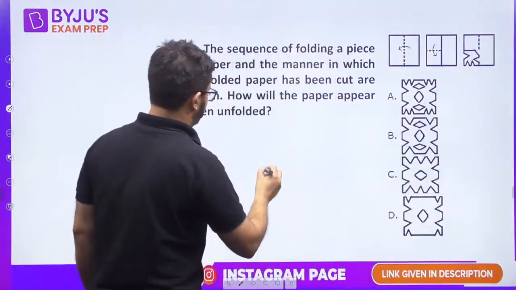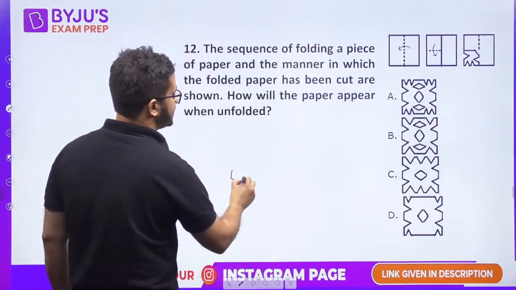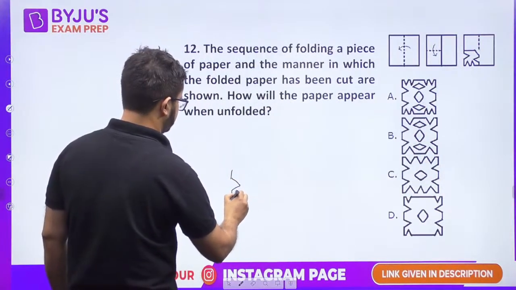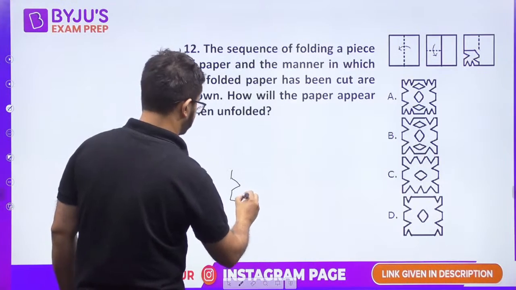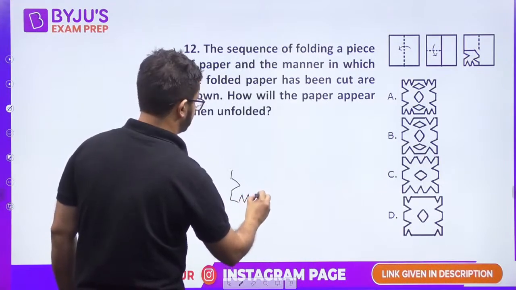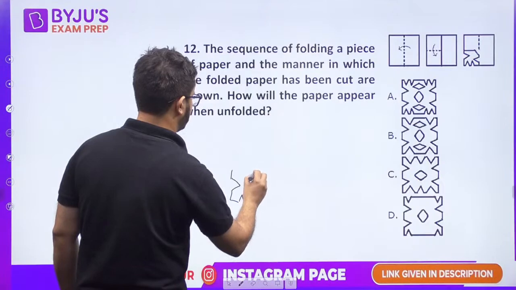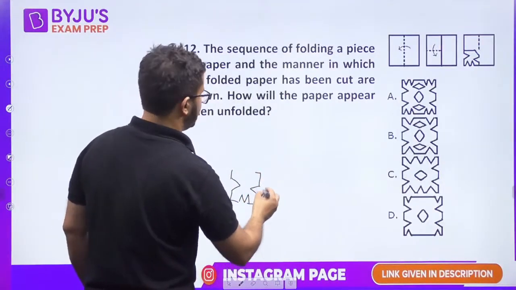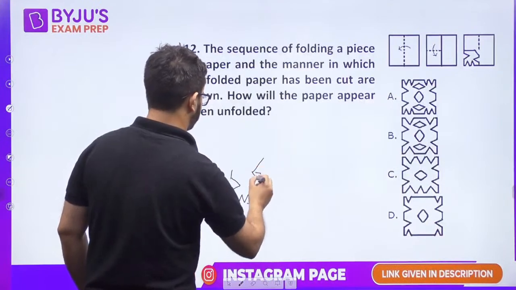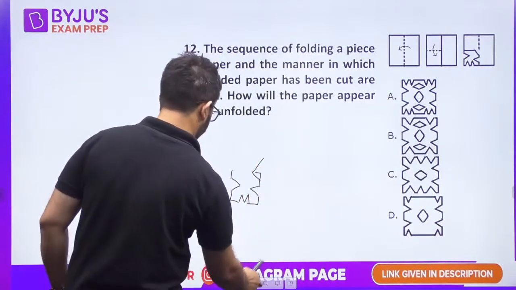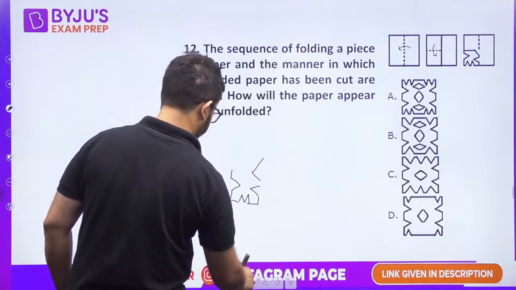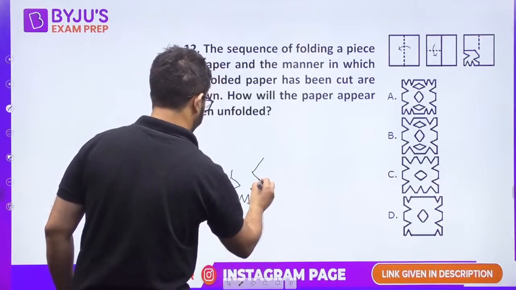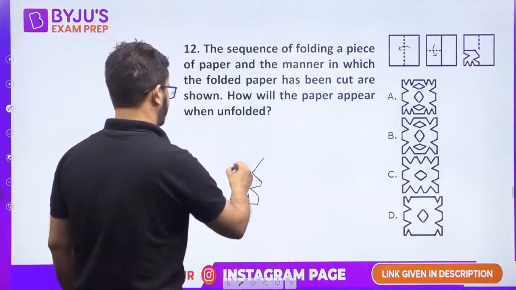So when it becomes half like this, this is the part. Okay, when it opens up, right, this cut will be like this. Okay, this cut will come like this.